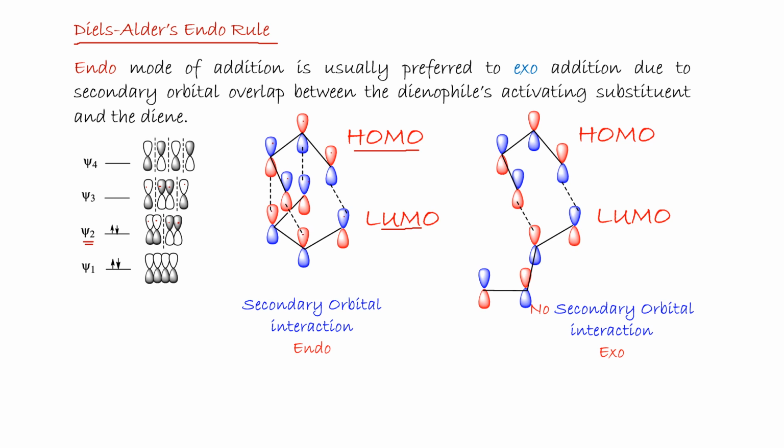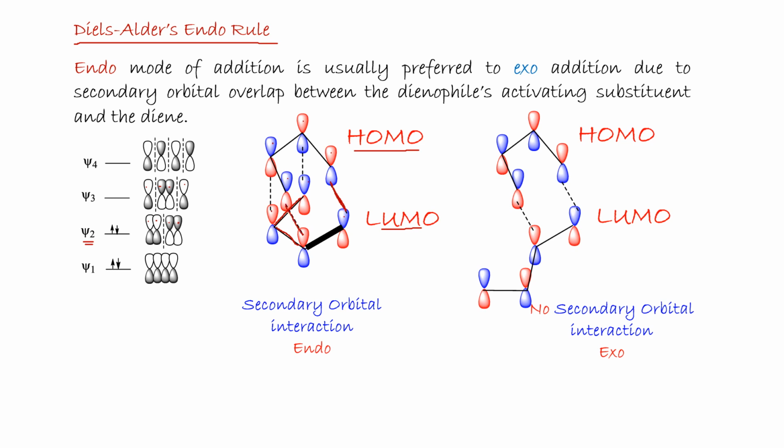If we have here an ethene dienophile, and we consider this as an extension, or the substituent activating this dienophile, we will see that blue with blue gives successful overlap here and here.